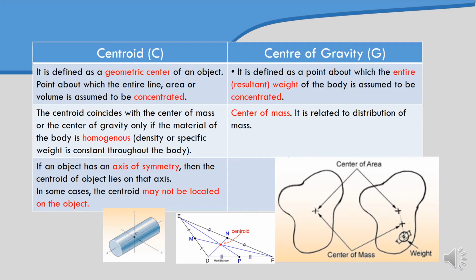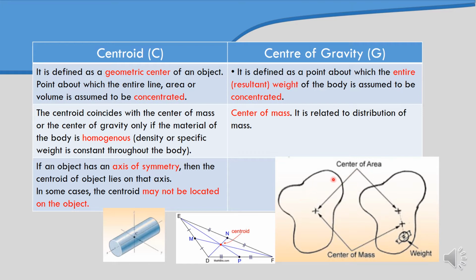The center of gravity is basically defined as a point about which the entire resultant weight of the body is assumed to be concentrated.